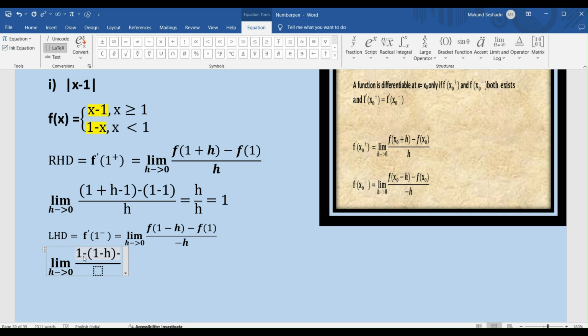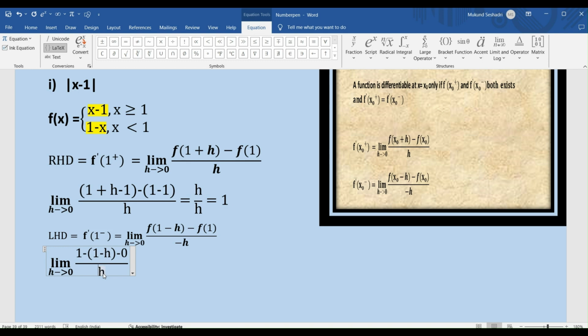I still go to my first equation, which is x minus 1, because that's the equation we have whenever x equals 1. And I write that as f of 1 equals 0, right? We have established that while doing our RHD.